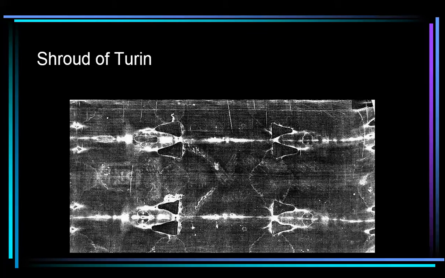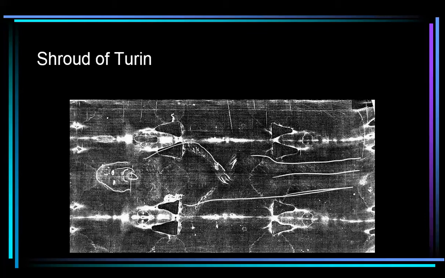This is the most scientifically tested historical artifact in the history of mankind. Do you see the image? Here is hair, here is the face, mustache, beard, eyes. Here are arms, hands, legs.